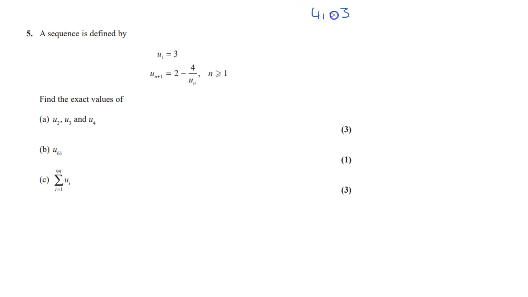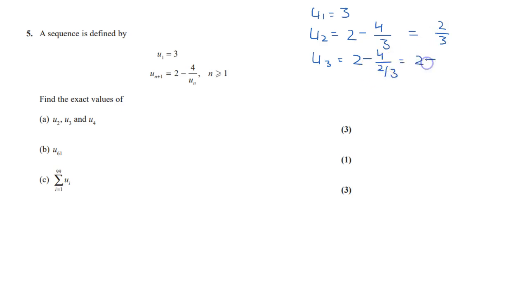u1 is 3 in this question, then u2 is equal to 2 minus 4 over u1. u1 is 3. So 3 times 2 is 6 minus 4, 2 over 3. u3 is 2 minus 4 over u2. u2 is 2 over 3.